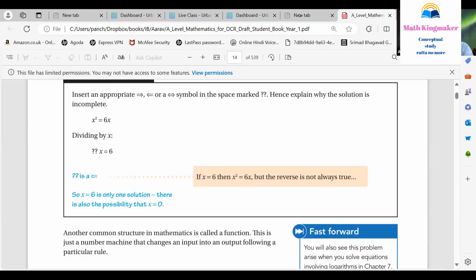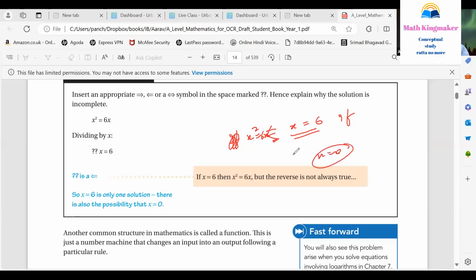So the implication goes in one way only, and you have to use this symbol rather than that symbol. If x equal to 6, then x squared is equal to 6x. But if x squared is equal to 6x, it is not always x equal to 6, because x could be 0.